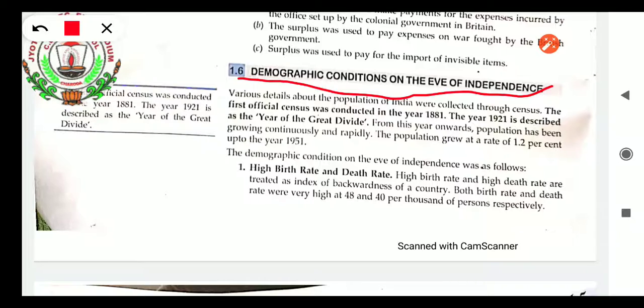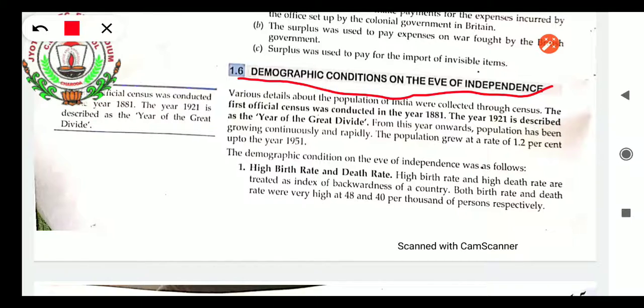Like the population of a country, if we want to know it, it will be done by the census method. Census is a method in which a person physically goes from door to door, makes a survey and collects the data, and then a study is made on the basis of that survey. That is known as census.